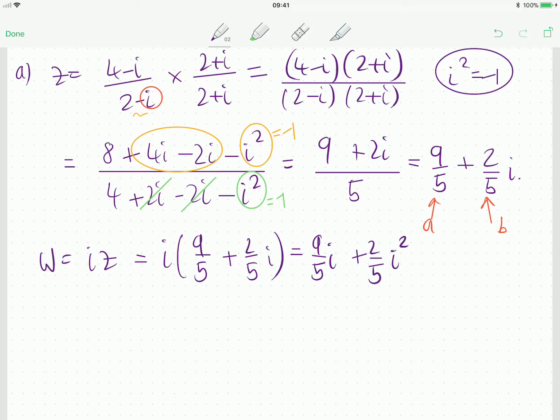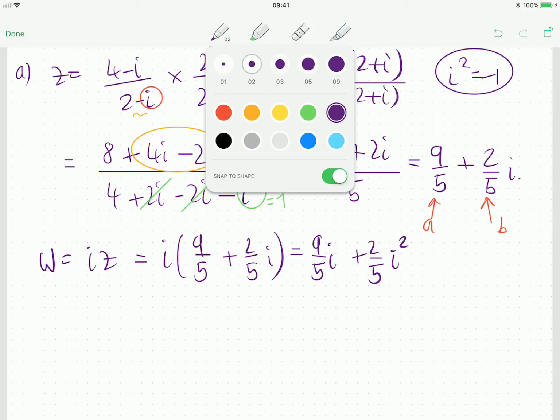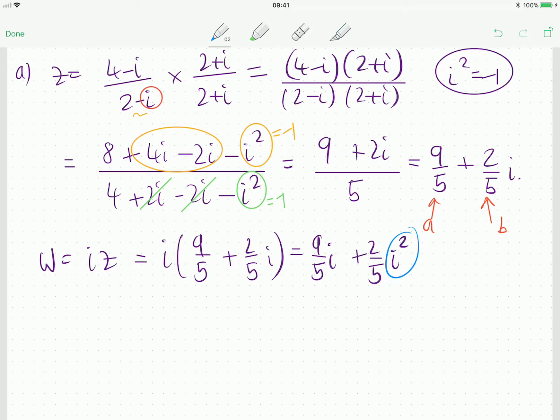And it keeps appearing everywhere, this i squared. i squared is minus 1. So actually the second term is just minus 2 over 5, and the first term is 9 over 5 times i. So for this case, for the w, a is minus 2 over 5 and b is the 9 over 5.